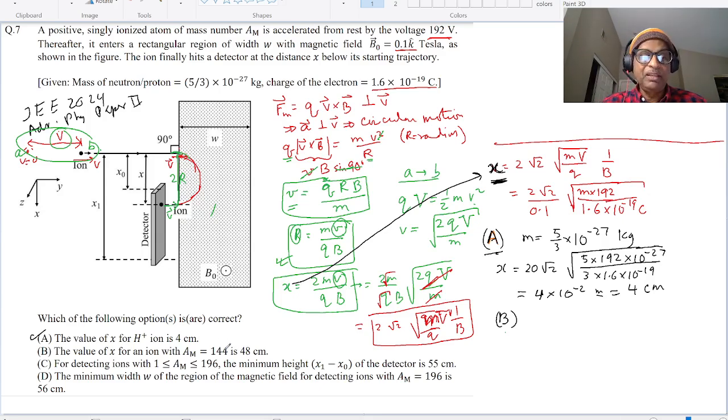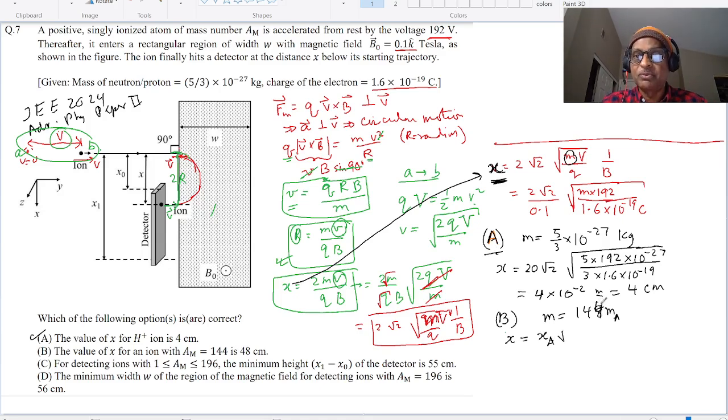Between A and B, the difference is the mass, and so whatever I get here, I'm going to get proportionally, by square root. The mass here is 144 times the mass in A.